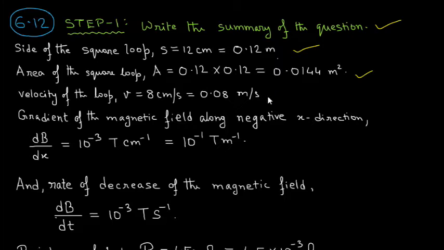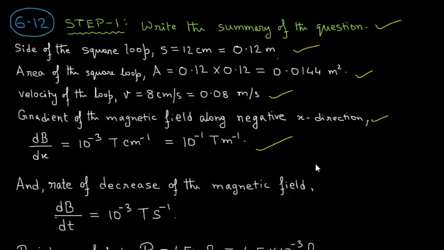Velocity of the loop v is equal to 8 centimeter per second, that is 0.08 meter per second. Gradient of the magnetic field along negative x direction, dB upon dx is equal to 10 to the minus 3 Tesla per centimeter, which is equal to 10 to the minus 1 Tesla per meter.